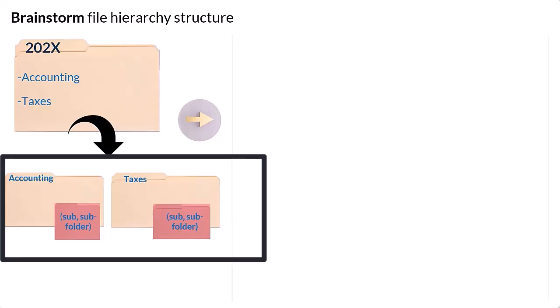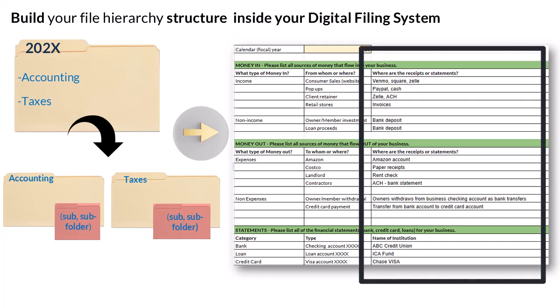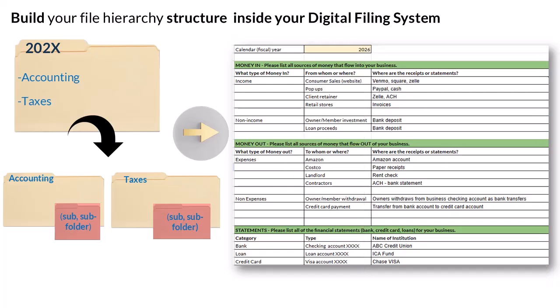So that's why it makes perfect sense to have two folders, an accounting folder and a taxes folder. You're also doing the work of building out that list of source of truth when you're completing your money in and money out worksheet. All of your data is right there on that worksheet. That's why it's a seamless process from going from your money in and money out worksheet, step 1, to moving into step 2, which is building out your digital filing system.